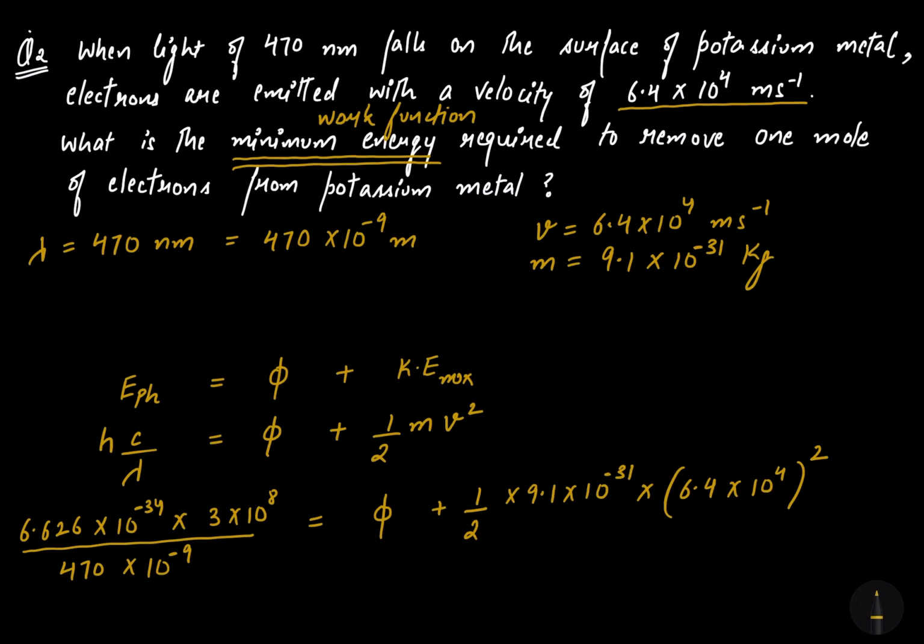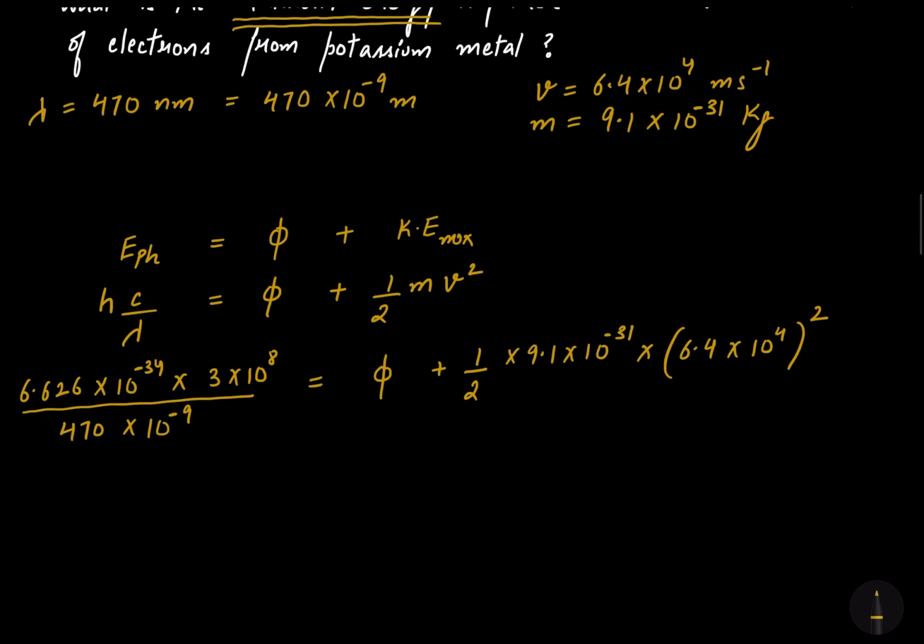So the energy of photon comes out to be 422 into 10 to the power minus 21. It is equal to phi plus the kinetic energy, which comes out to be 1.864 into 10 to the power minus 21.